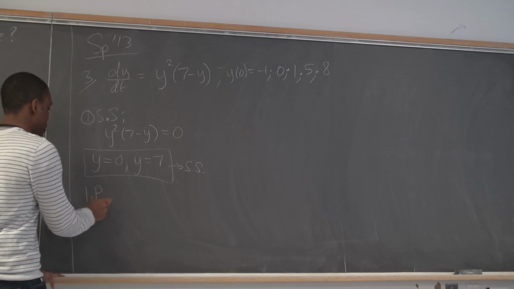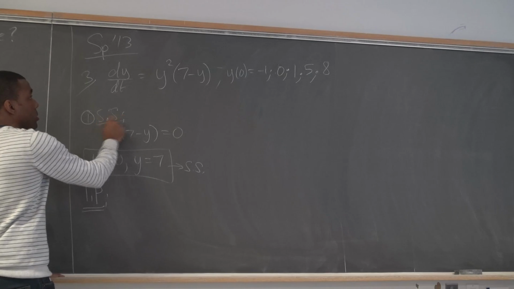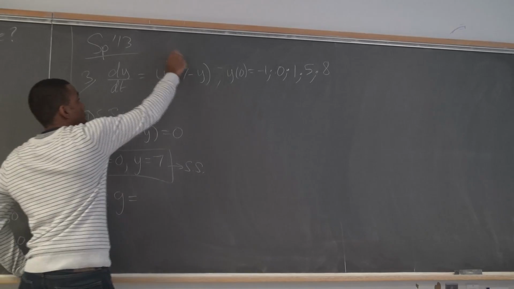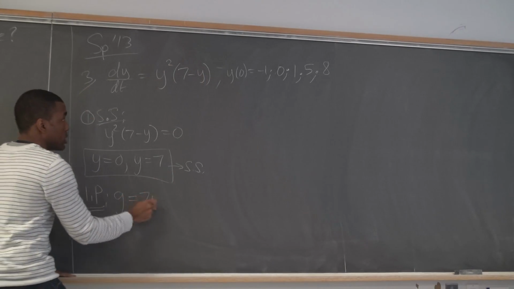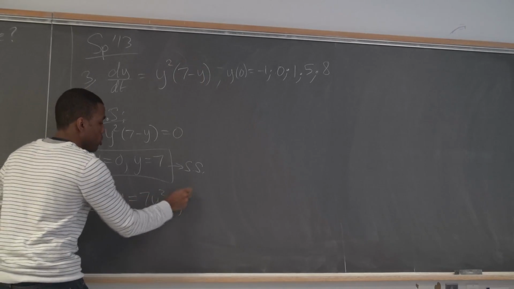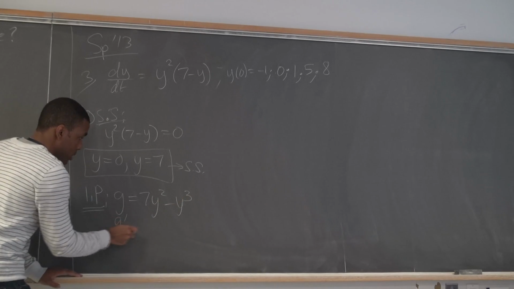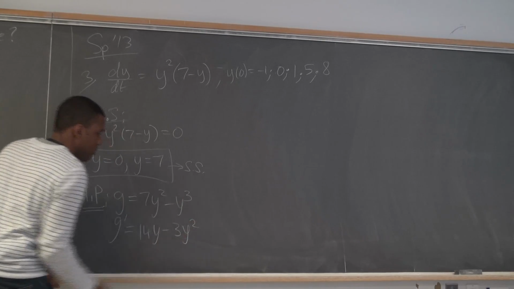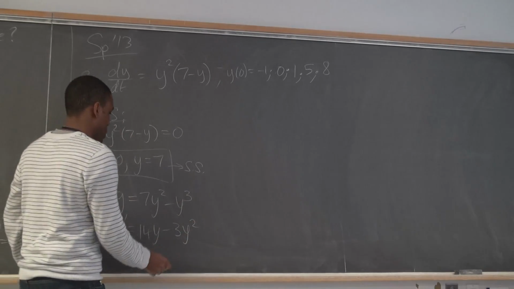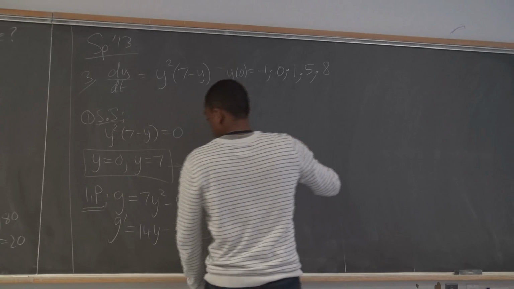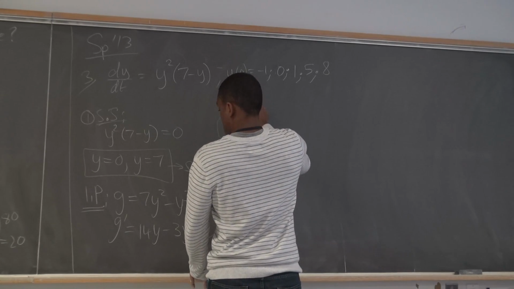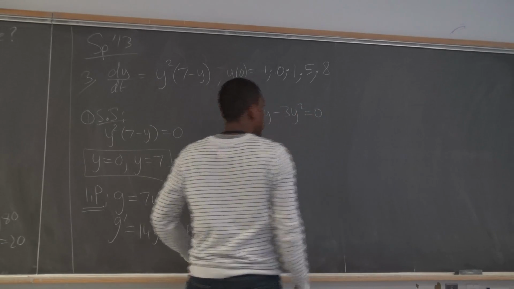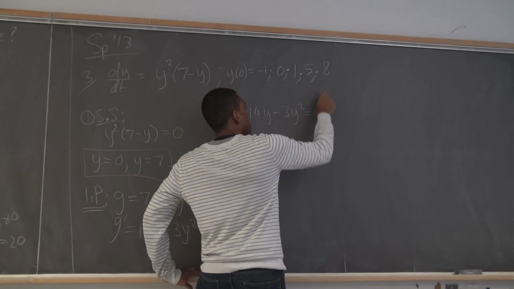And we also want to find inflection points. So our g here, I just multiply out, is 7y squared minus y cubed. So g prime is equal to 14y minus 3y squared, which means 14y minus 3y squared equals 0 for inflection points.